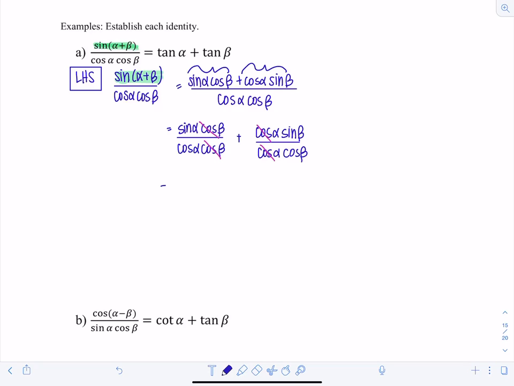And maybe you see it, we're pretty much home free. So this is sine alpha over cosine alpha plus sine beta over cosine beta. So this is tangent alpha plus tangent beta. Woohoo! And there's our right-hand side.